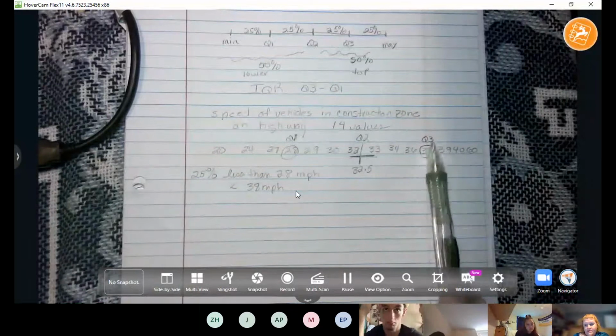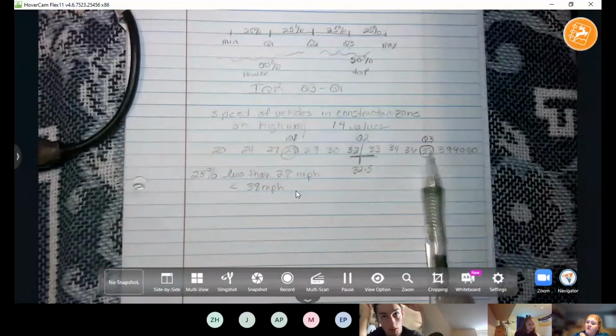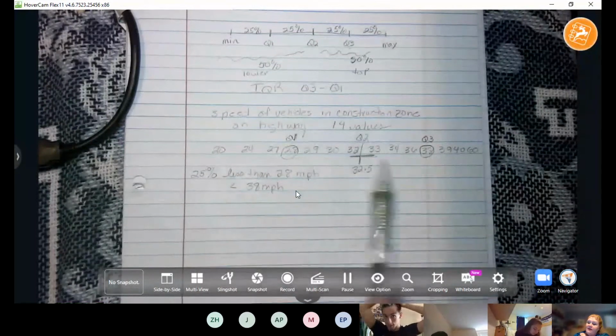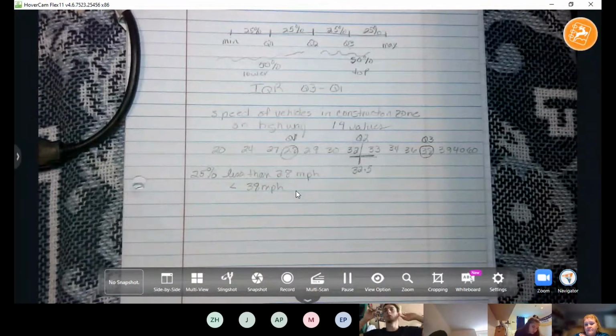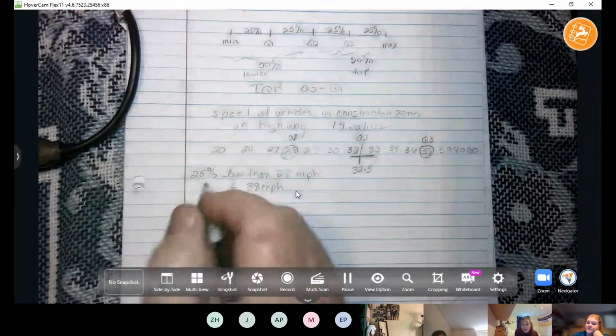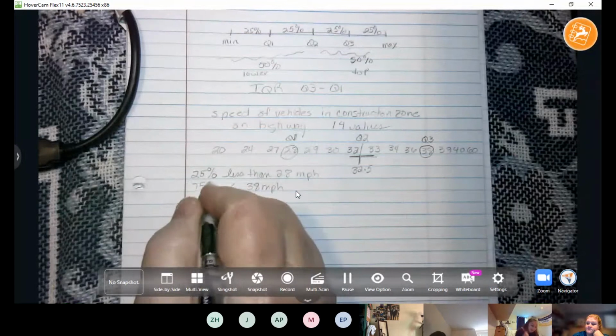That is the third quartile. So what percentage of the data is below that amount? That's 3 of them. So what percent would be less than that? 75%, exactly.